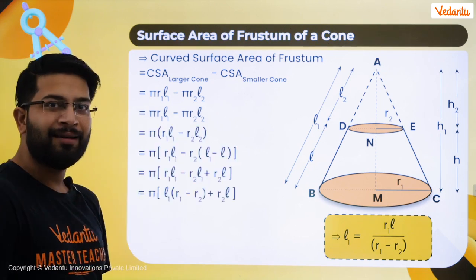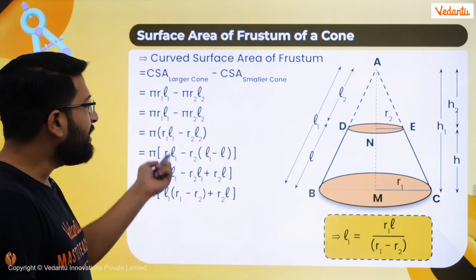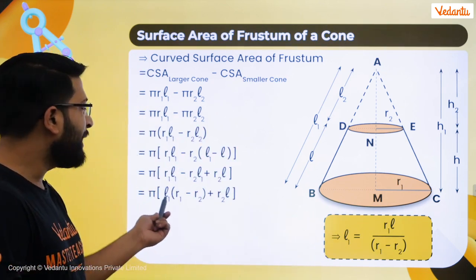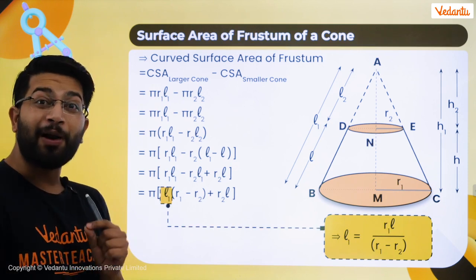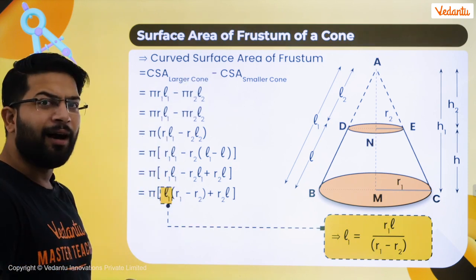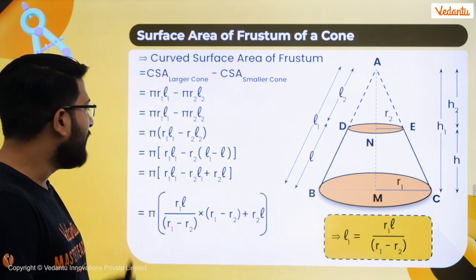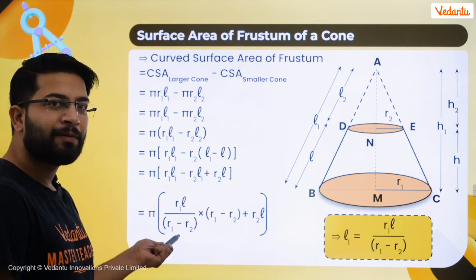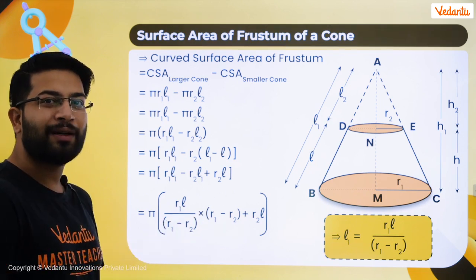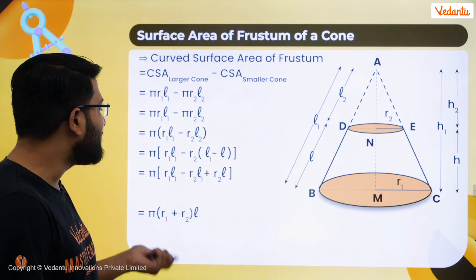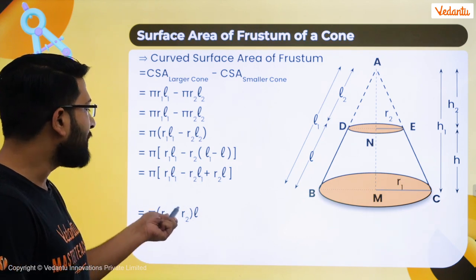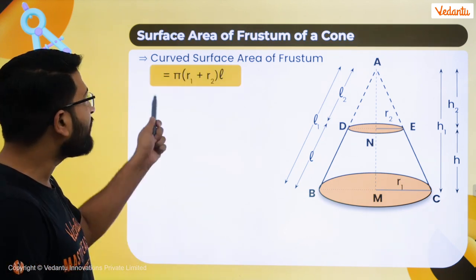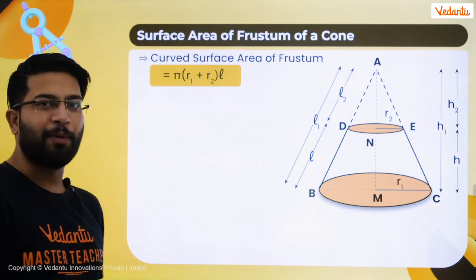L1 minus L. So we can write it over here, and when we put the value of L1 over here, we will get the formula of curved surface area. Simply substitute the value of L1, we will get this relation. One factor is getting cancelled out, and we are getting the final very simple formula, pi R1 plus R2 into L. So now we have the formula of CSA of frustum also.